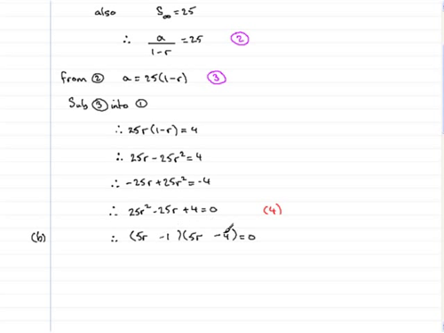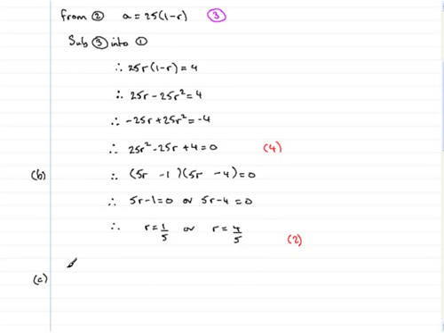Those are the 2 numbers that multiply together to give +4, and we get our -25R in the middle. So solving that, we have 5R minus 1 equals 0, or 5R minus 4 equals 0. Solving that leads us to R equals 1/5, or R equals 4/5. Hopefully you were able to do that, and if you did, you would have got yourself 2 marks.